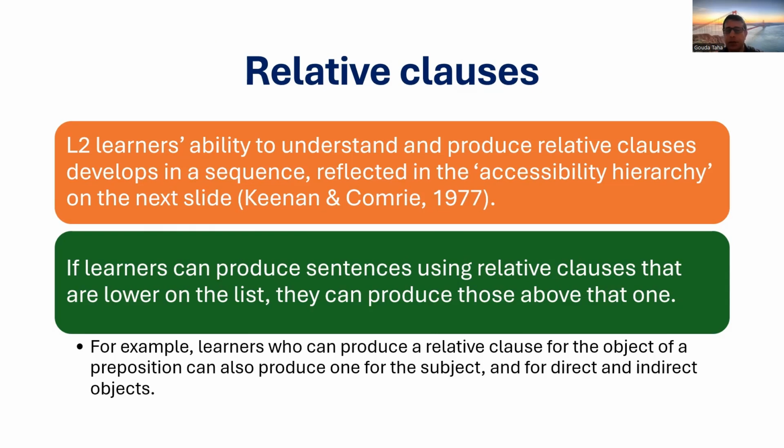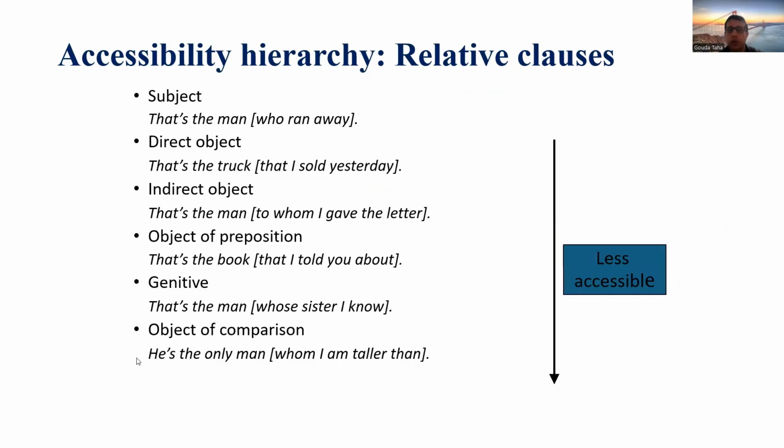Meaning, if a learner can produce sentences using relative clauses that are lower in the list, they are able to produce the ones that are here. So these are less accessible, these are more accessible. So if they are going here, it means more developmental stages are emerging in acquiring the relative clauses.